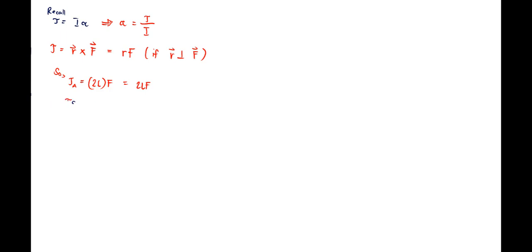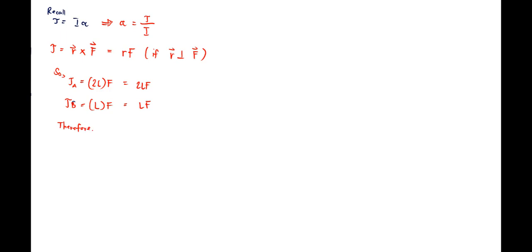And then for system B, the torque is equal to the length of the lever arm, which is just L, multiplied by F, or just L times F. Okay, and then after this, we will use the obtained values for the moment of inertia as well as the values of the torque to find the angular acceleration.